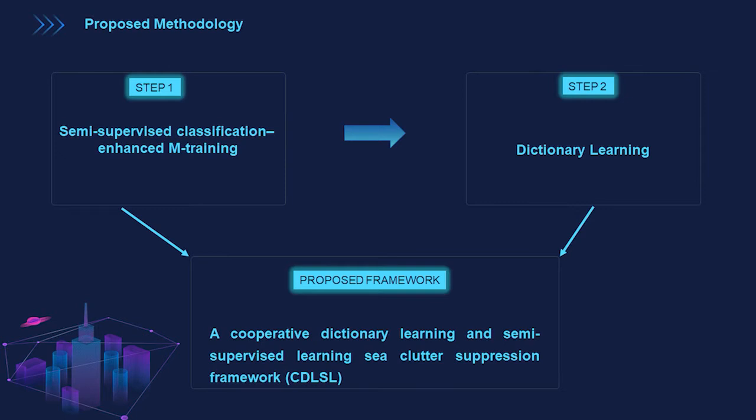With the help of dictionary learning and sparse representation, we will extract sea clutter components in radar echoes. Through the cooperation of offline training and real-time processing, this method improves clutter suppression performance and accelerates calculation speed.